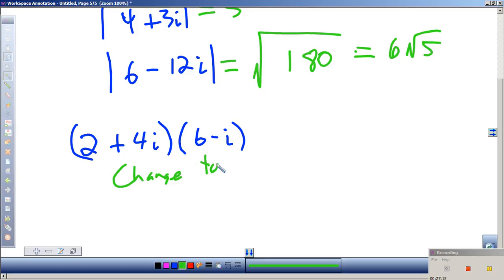Change to trig form and multiply. So what do we need for trig form? What are the two pieces? r and theta. So first we'd want to say, what is r here?